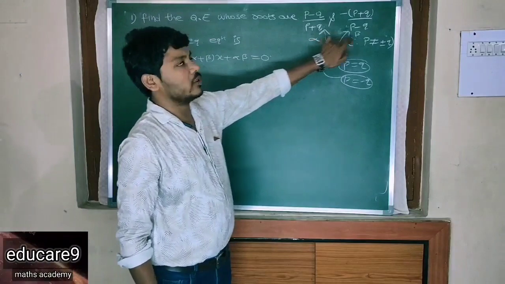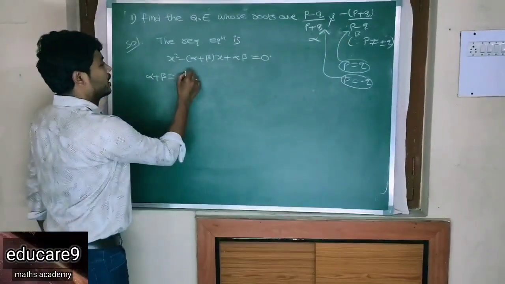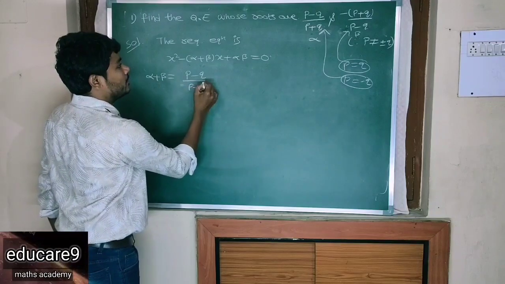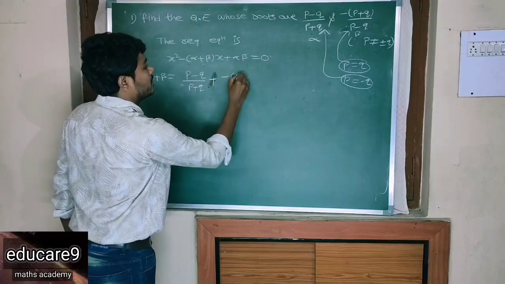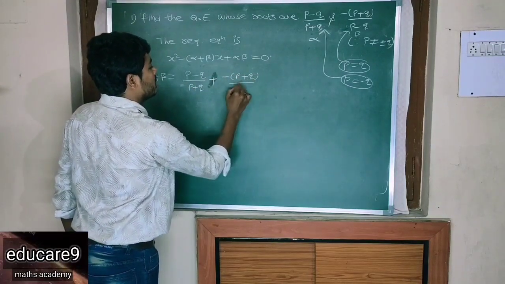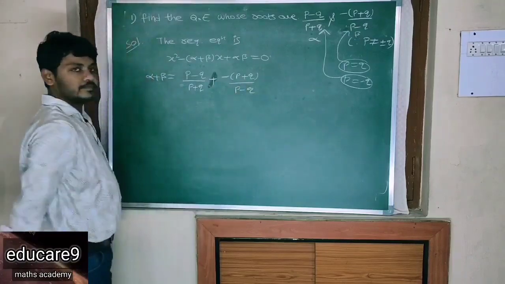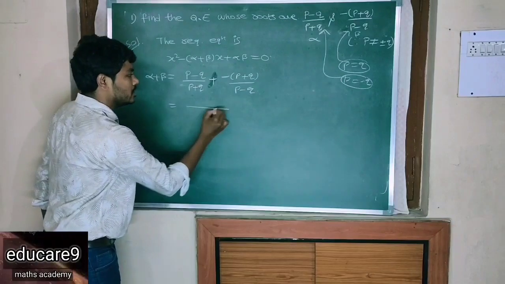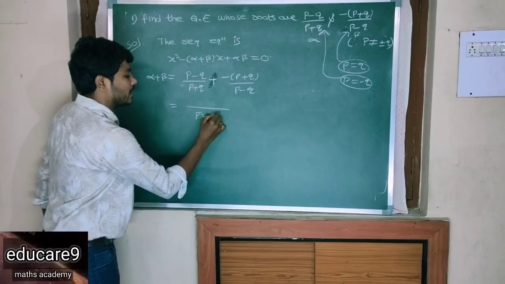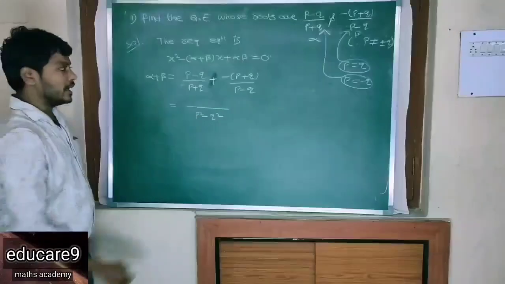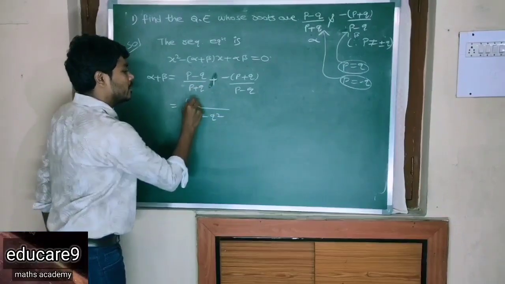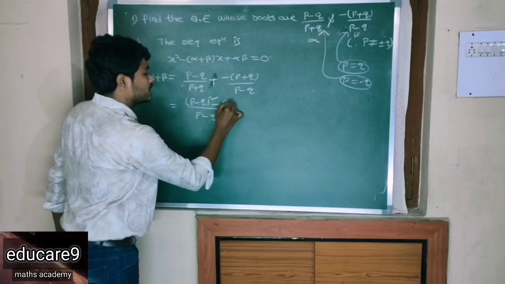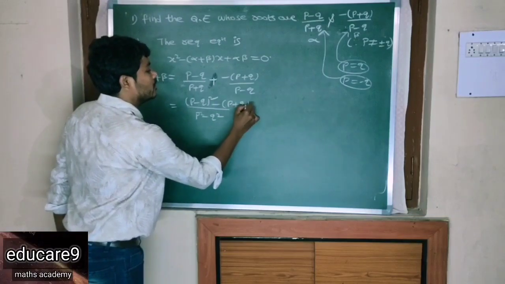So here are these two terms. You get (P minus Q)/(P plus Q) plus minus of (P plus Q)/(P minus Q). So this is (P plus Q) into (P minus Q), you get P square minus Q square, and cross multiplication: (P minus Q) whole square minus (P plus Q) whole square.